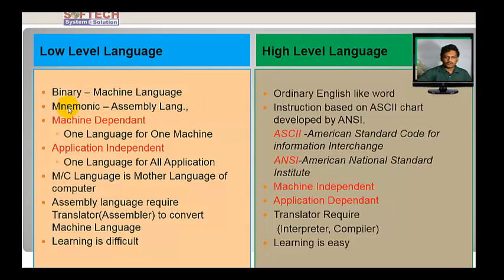In mnemonics, they invented assembly language because machine language is very difficult to learn. So assembly language was invented to overcome the problem. Assembly language is easy compared to machine language. It also has some symbols. This form is mnemonic form, that is symbolic or mnemonic representation.